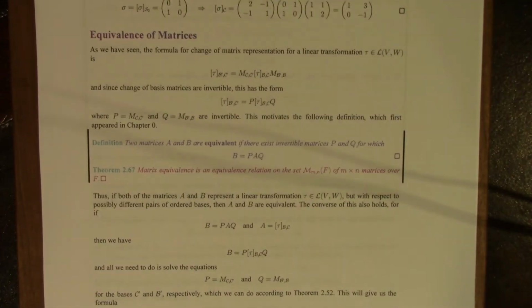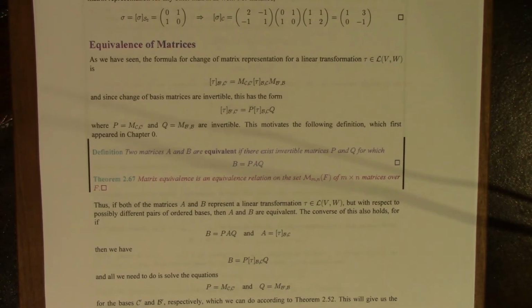Now, we're going to have a lot more success, as we've already discussed, with linear transformations from V to W than we are with linear operators on V, because of the requirement, shall we say, that we use the same basis for V on the domain side and on the codomain side.